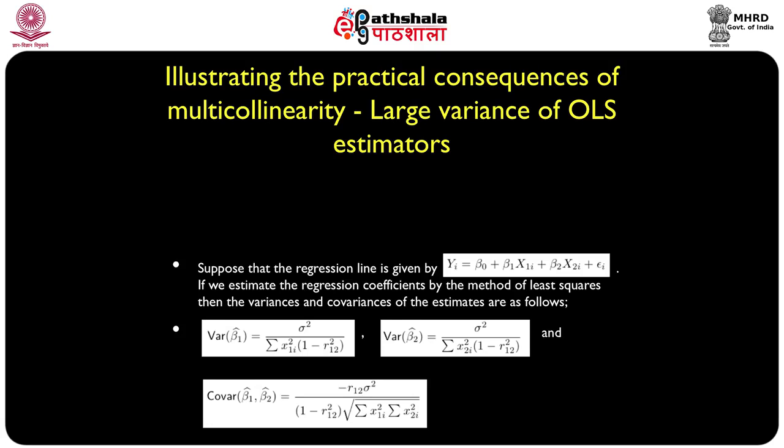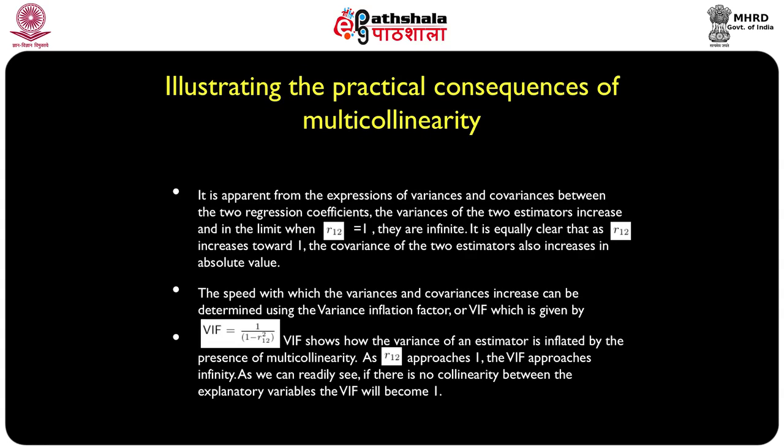And covariance between beta 1 hat and beta 2 hat is given by negative r12 times sigma square divided by 1 minus r12 square times square root of sum of x1i square times sum of x2i square. Now it is apparent from the expressions of variances and covariances of the two regression coefficients that the variances of the two estimators increase, and in the limit when r12 equals 1, they are infinite.